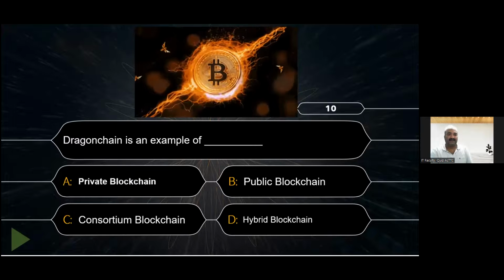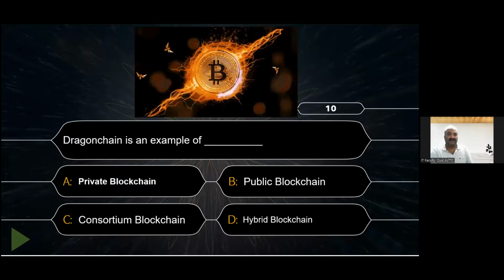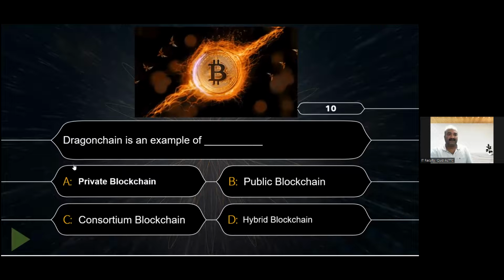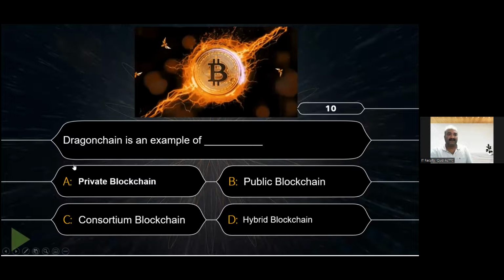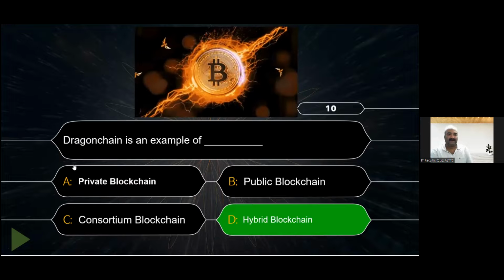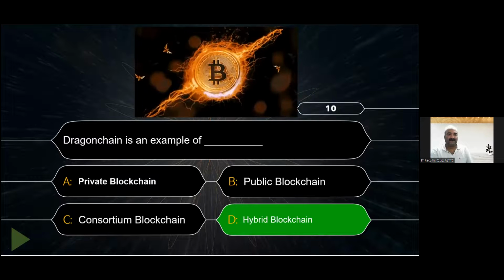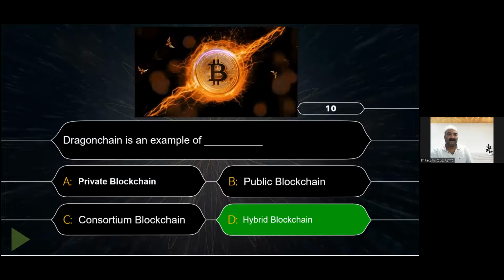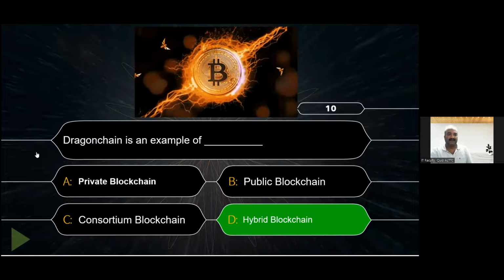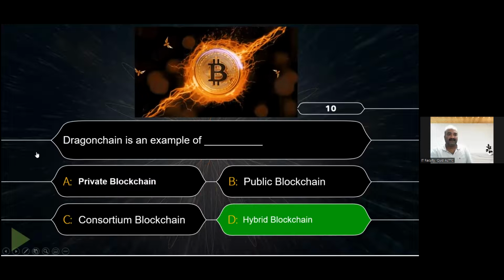Everyone has given the answer. Mohan sir has given answer as A, private blockchain. Let's check what the correct answer is. Hybrid blockchain. So, Dragon chain is an example of hybrid blockchain. Okay, now moving to the next question.